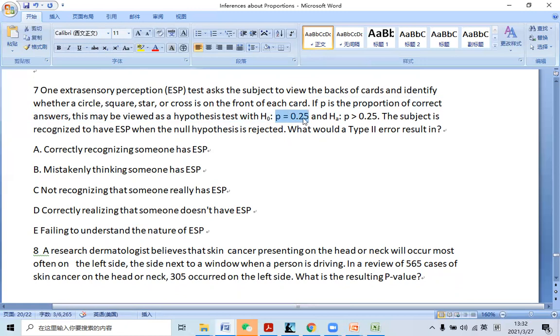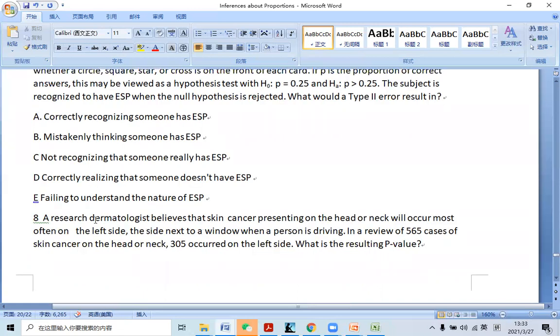Someone's doing better than guessing, and you don't recognize that. That is a type 2 error. D, correctly realizing, well, if it's correct, then it can't be an error. This one is eliminated right away. How about E? E doesn't make any sense. It's not related to type 1 or type 2 error.